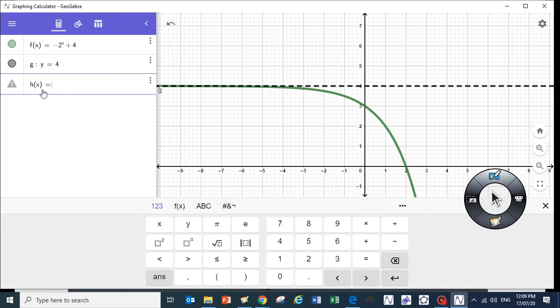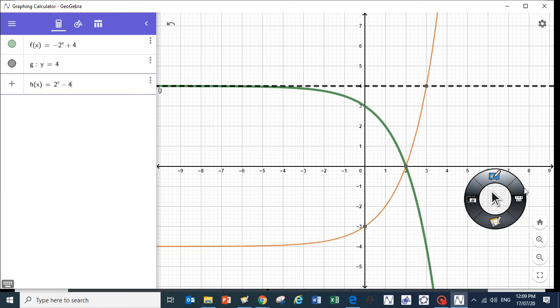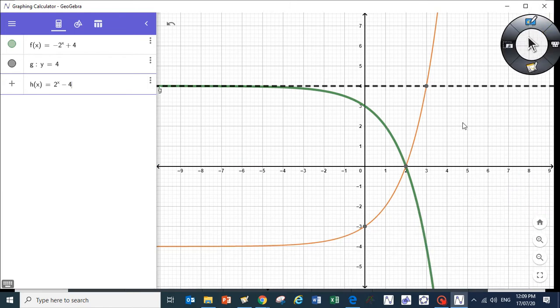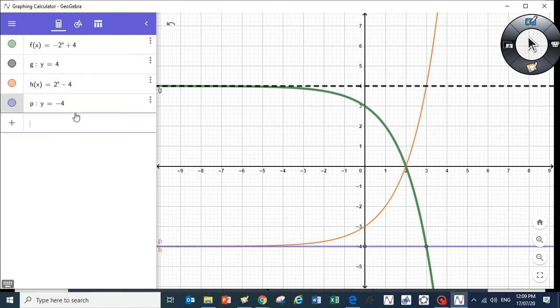So it will be 2 to the power of x minus 4. So our new equation of asymptote will be y equal to minus 4. That will be the equation.